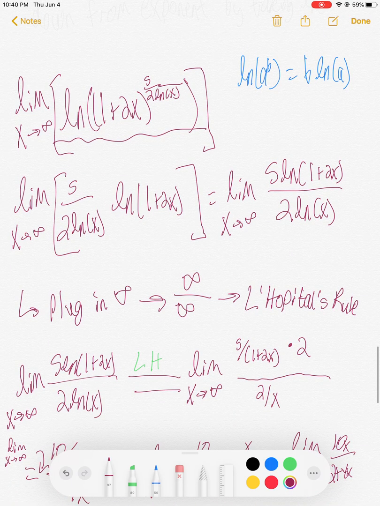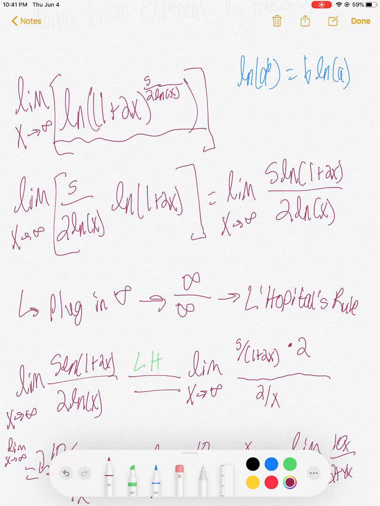Okay, so everything was good here whenever we got 5/2, but we have to remember that at the beginning, we took the natural log here. We did this to help us bring this exponent down, and that was perfectly legal so long as we undo it later.